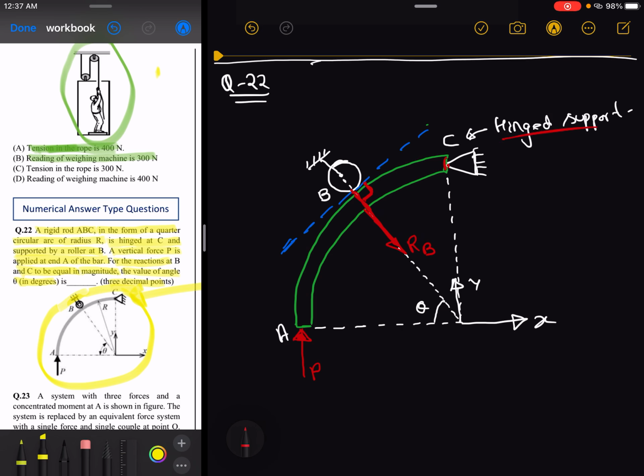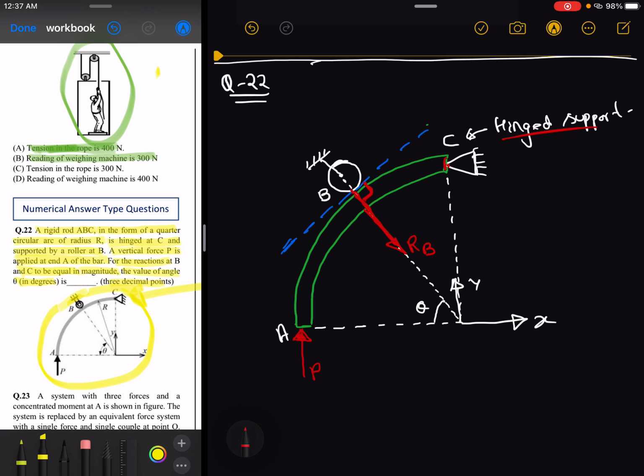So here if you observe carefully, only two reactions will be there at point C, one along the x-axis and one along the y-axis, because the hinged support will not permit the displacement at point C for the rigid rod in x and y direction.